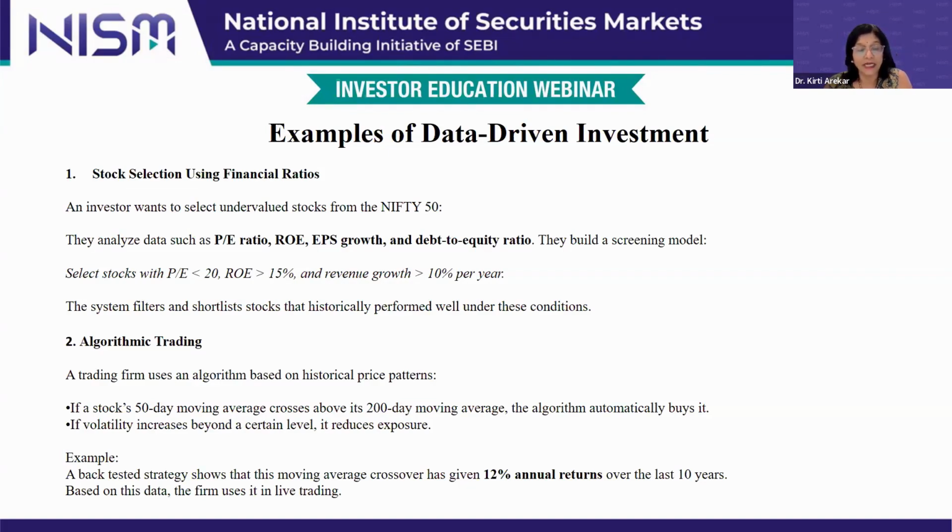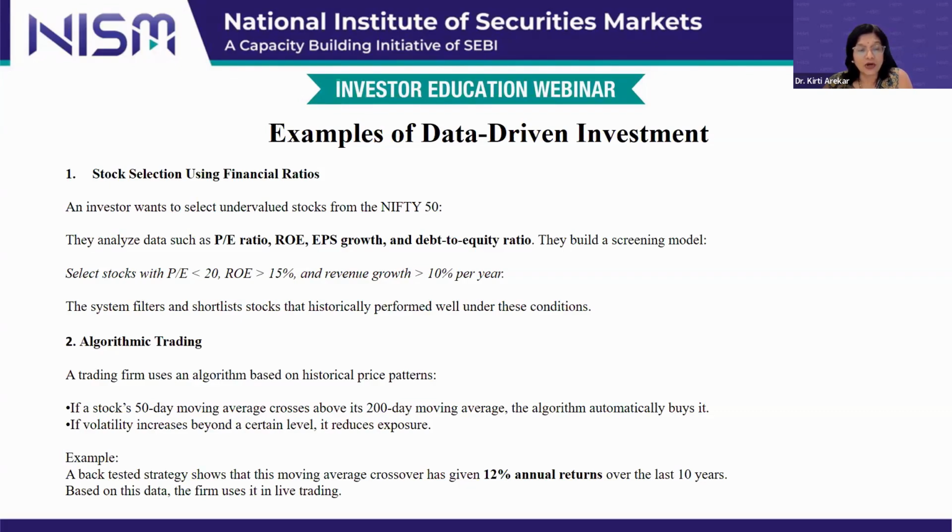Similarly, the second example is algorithmic trading, because nowadays a lot of algorithmic trading is happening. Basically in algorithmic trading, the trading firms use these algorithms to find out the historical price patterns. In this case, algorithms are built again under different conditions, but basically they define two objectives.